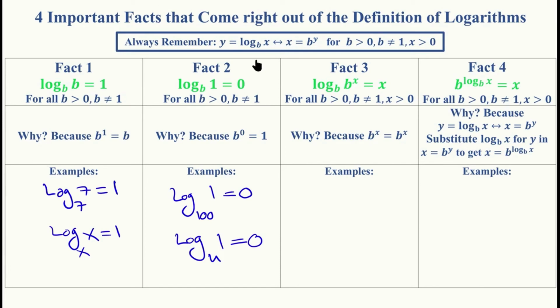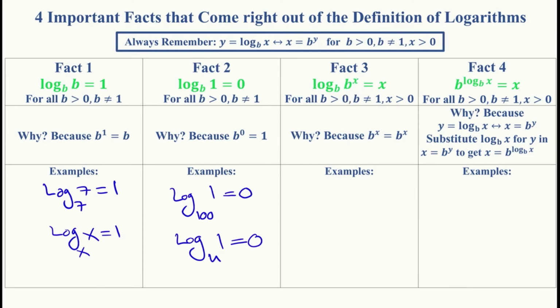All right, the next fact is very similar to this, but this time we're saying b to what power? Remember, we're looking for that invisible exponent that when we raise the base to the power of, we get the argument. So think about it. b to what power gives b to the x? You answered it: just x. That's it. Why is this true? Because b to the power of x is the same as b to the x.